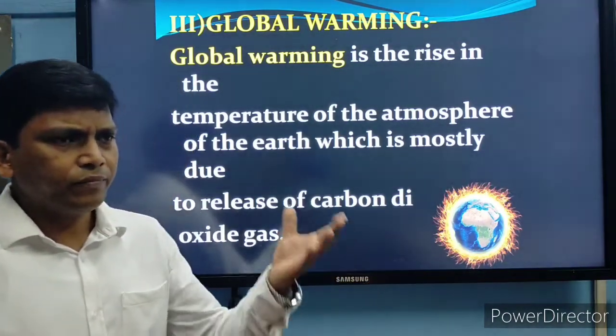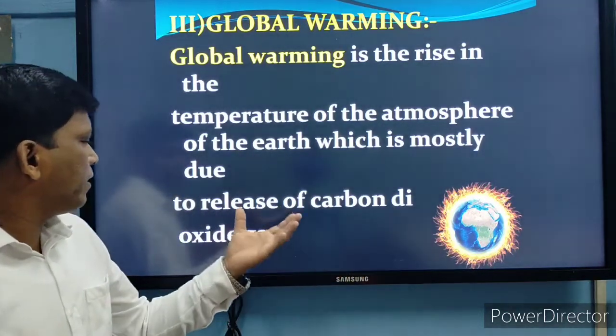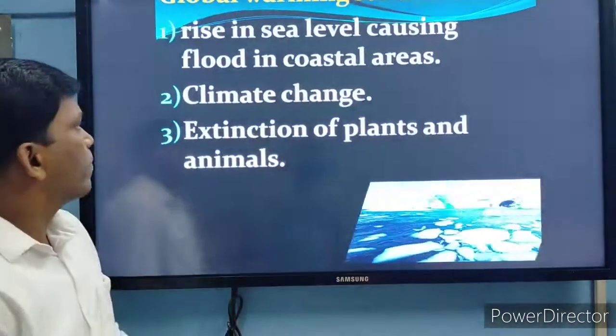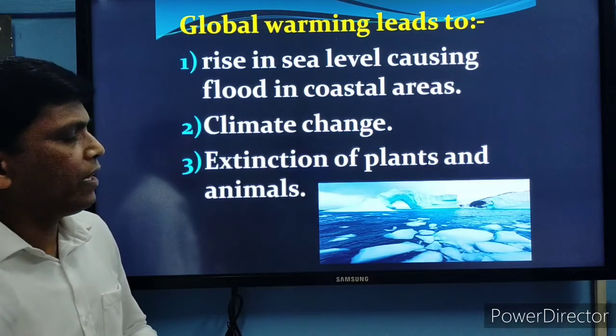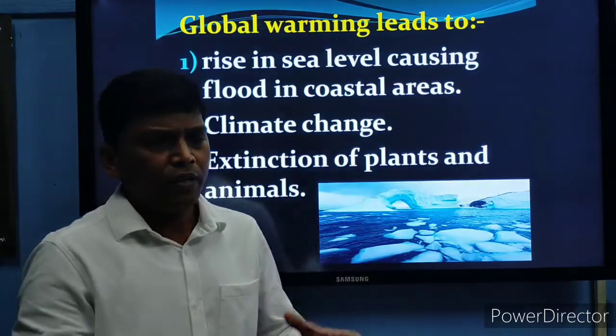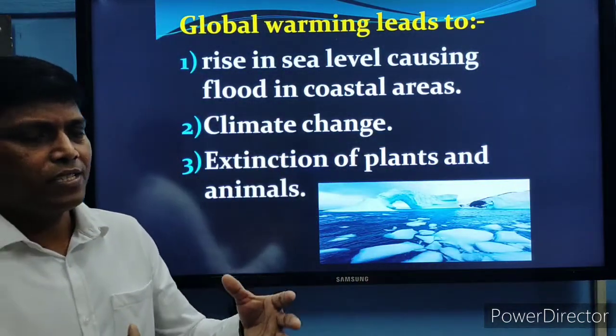It is a very alarming, severe condition for us, because it has a lot of consequences. That is rise in the sea level, causing flood in coastal areas. All of you know that most of our polar areas are covered with ice.